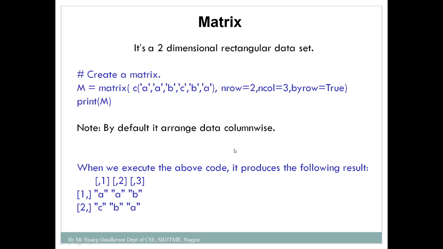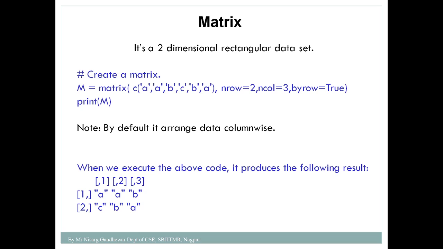That means I want to fill this vector's values row-wise, not column-wise. Suppose byrow equals FALSE, then it will distribute all these values column-wise, not row-wise. But here I enable this option with byrow equals TRUE. That means I will get output like this: A A B, C B A. That means it has distributed this vector row-wise, not column-wise.